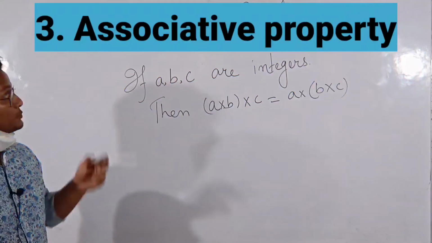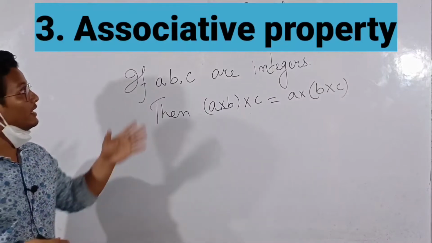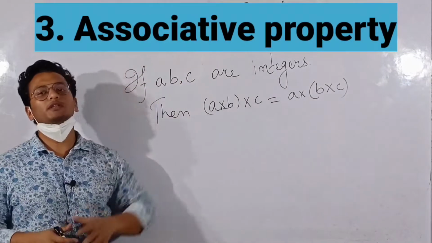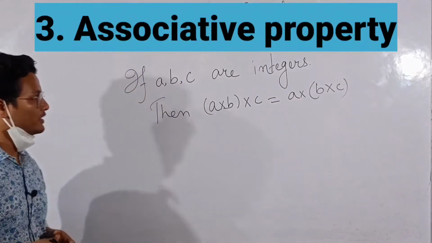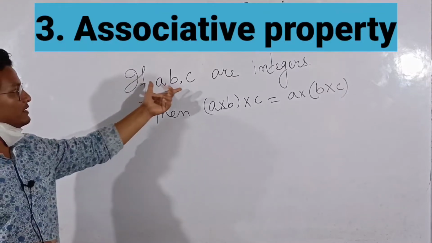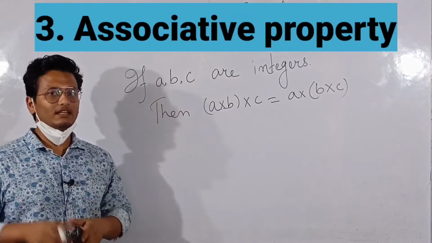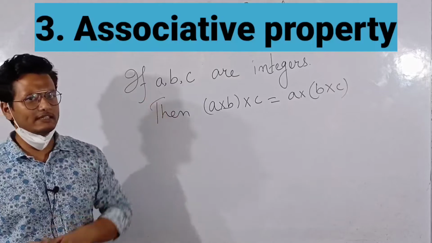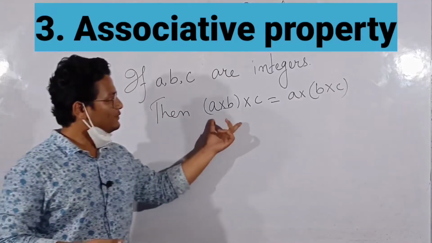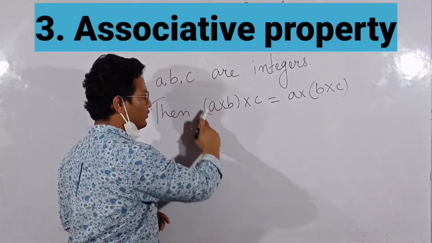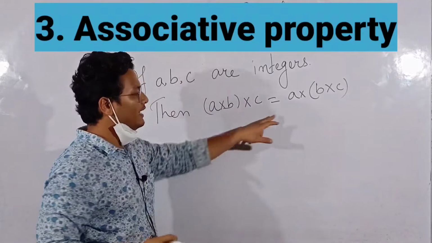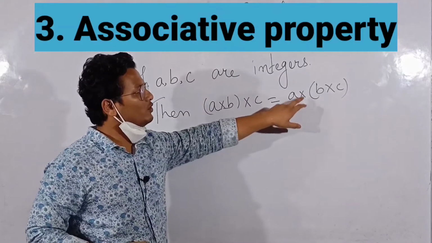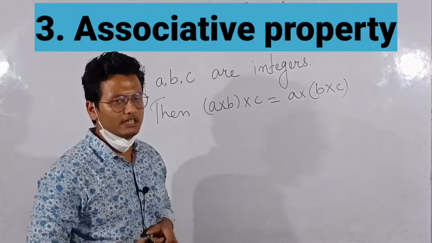Students, the next property is the associative property. Now let's learn about this property. What it says is, if A, B and C are integers, then (A into B) into C is equal to A into (B into C).